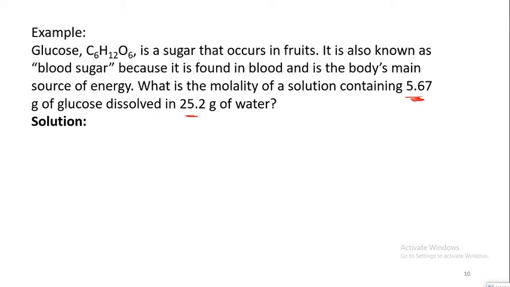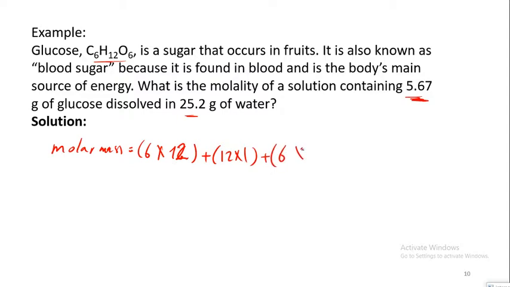If I look here, I have the grams of glucose. From the grams of glucose, I can calculate the number of moles. So first I need the molar mass of glucose, which is equal to 6 multiplied by 12 from this formula, plus 12 multiplied by 1, and I have 6 oxygens multiplied by 16.